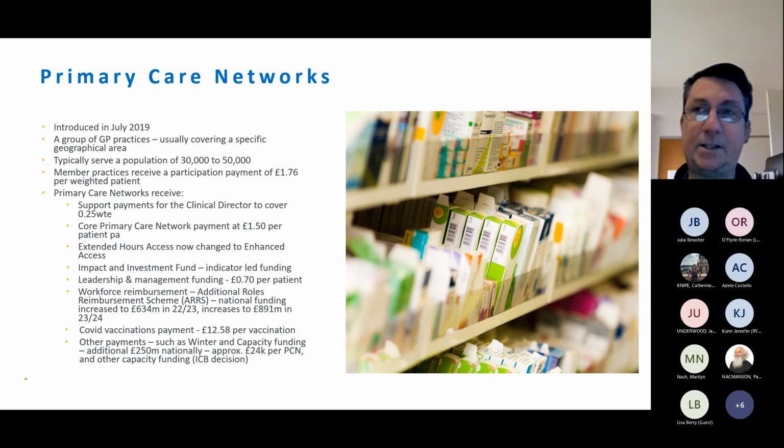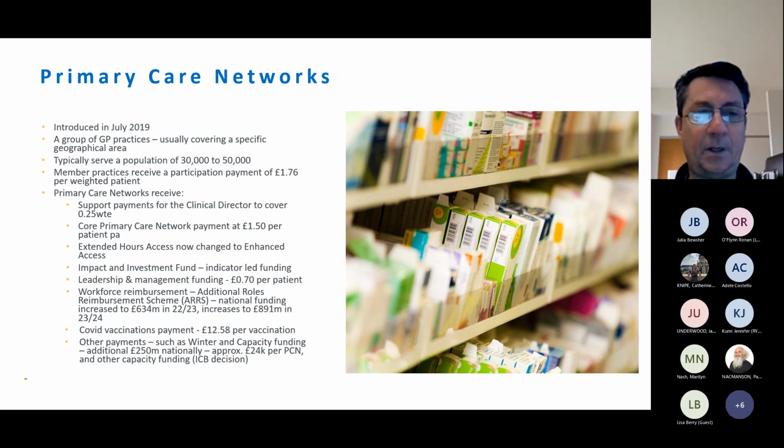So it might be that one practice opens one night and another practice opens the next night, or a couple over a geographical area open on a Saturday morning or something like that to give extended hours. You've got the impact and investment fund, which again is an indicator-led thing, and there's a number of indicators in that IIF funding, which the PCN can get paid for if they hit the key performance indicators.